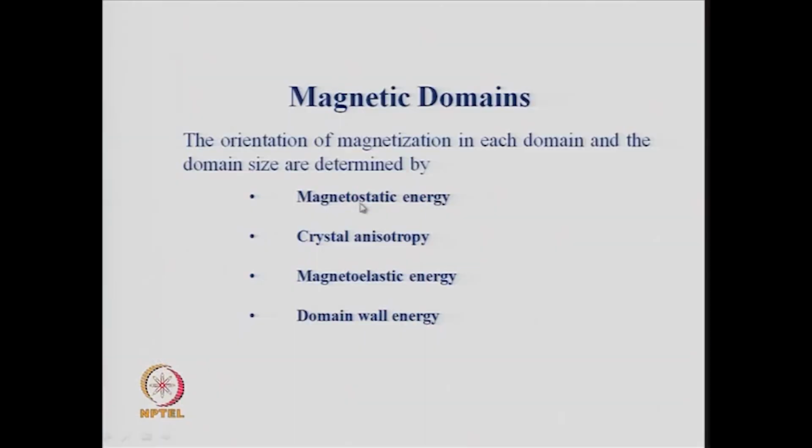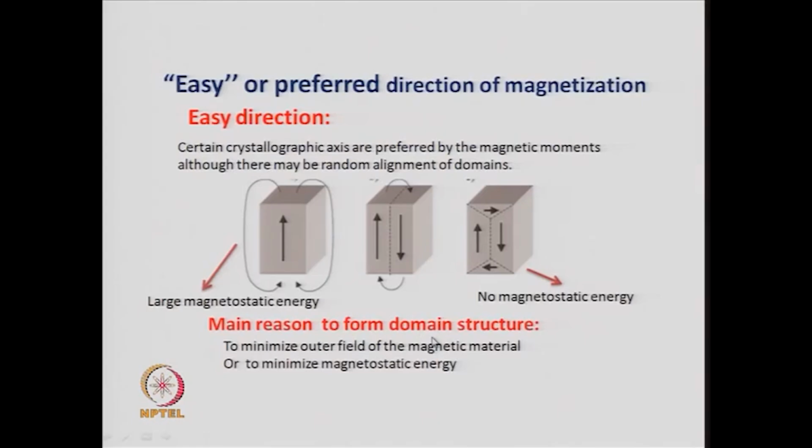So, there are the magnetostatic energy, the crystal anisotropy and the domain wall energy. The domain wall energy is the energy required for domain 1 and domain 2 to move.